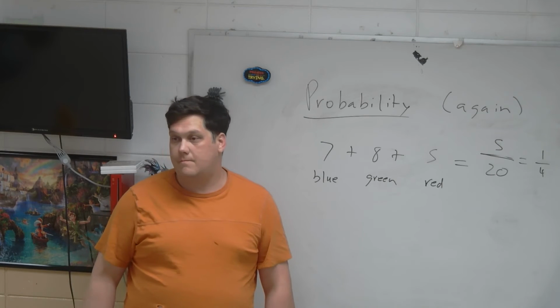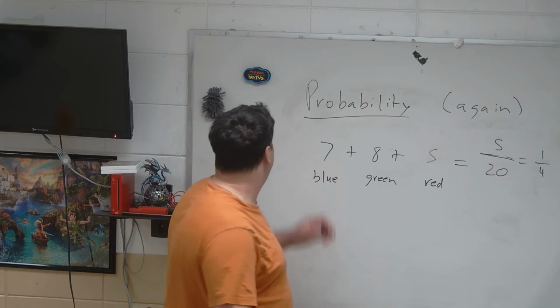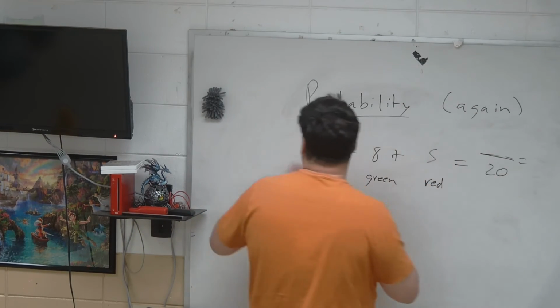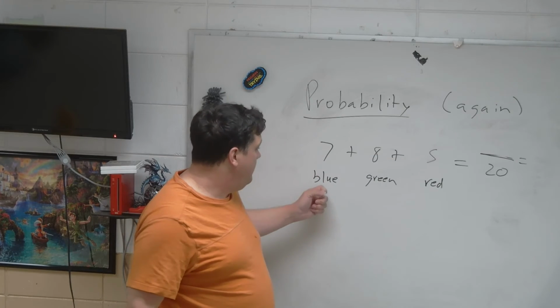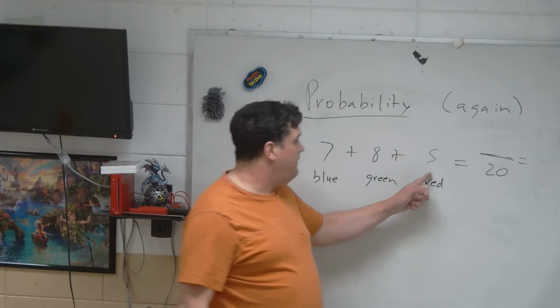And sometimes we'll say, what are your odds of drawing either a blue or red block? Okay, yeah, we can do that. How about this? How about either, you said a blue or a red? Yeah. Well, there are 7 blue ones and 5 red ones.